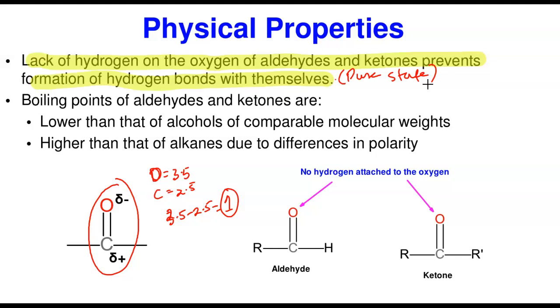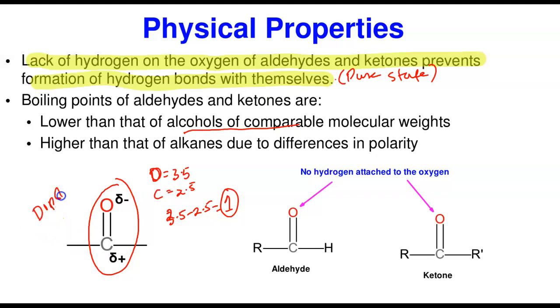Now, what is the consequence? The consequence of that lack of hydrogen results in what? Lower boiling point. So the boiling points of aldehydes and ketones are lower than those of the alcohols. Remember, the alcohol has hydrogen on that oxygen, making them hydrogen bond in their pure state. In this case, they cannot hydrogen bond. So the highest intermolecular force they have is the dipole-dipole.